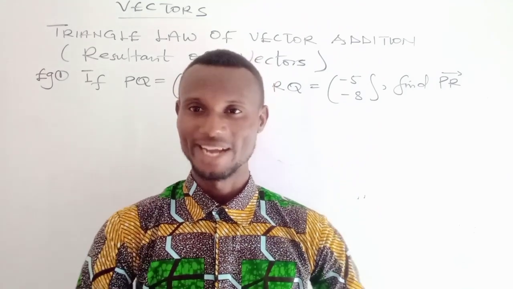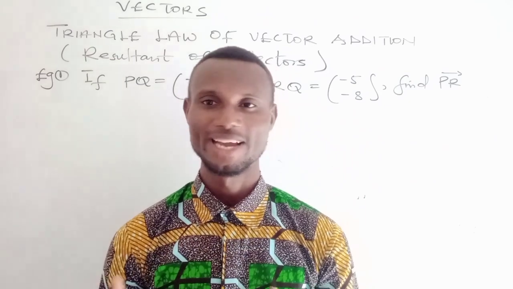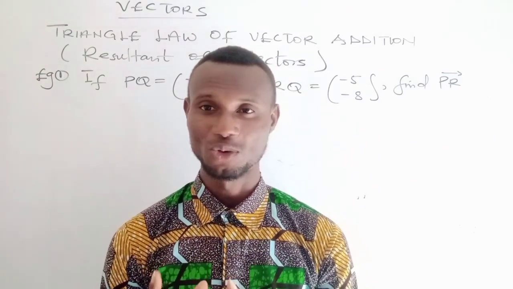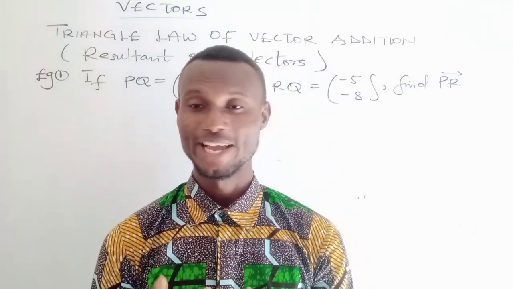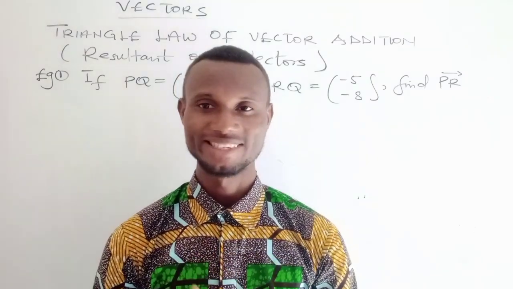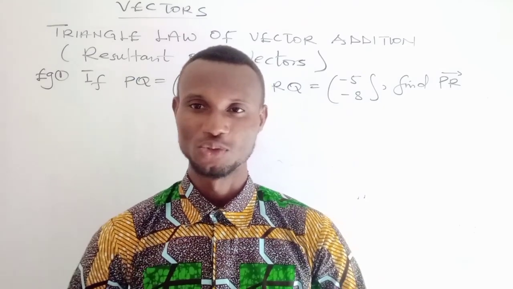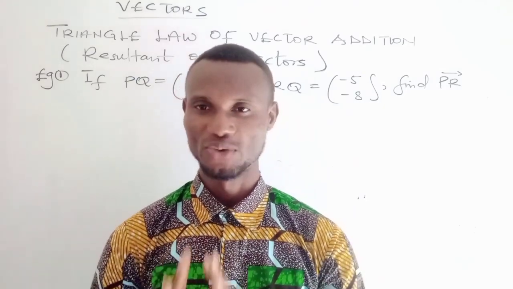I hope the explanation is clear enough up to this point. I don't want to bore you with a lot of theories and so much talk, so I will just go ahead and do an illustration on the board, and it will help you understand it perfectly. Just follow the illustration that I'm going to do on the board and you are definitely going to understand.